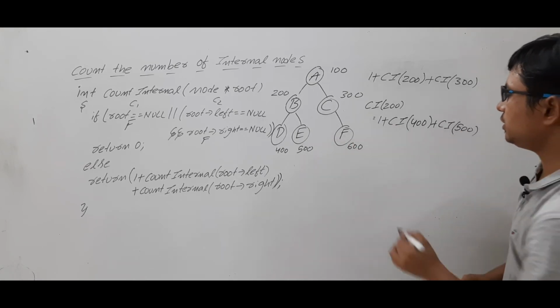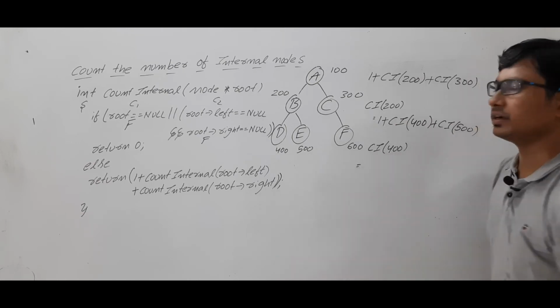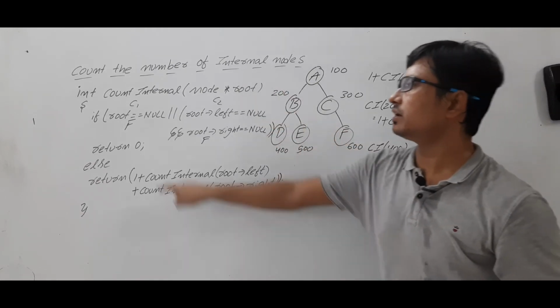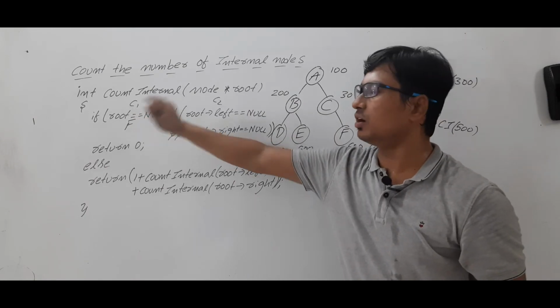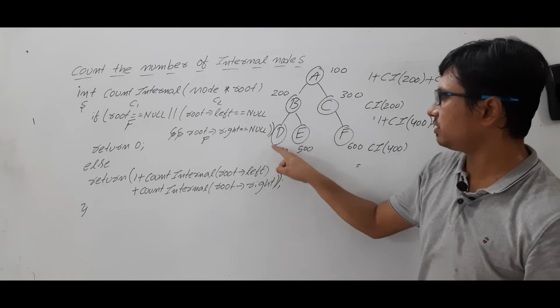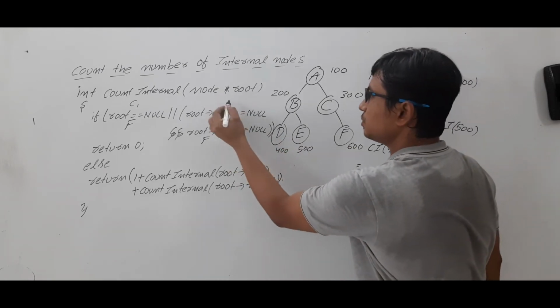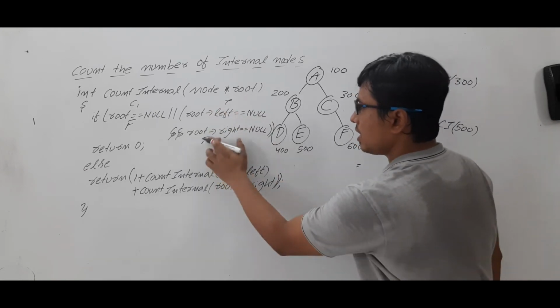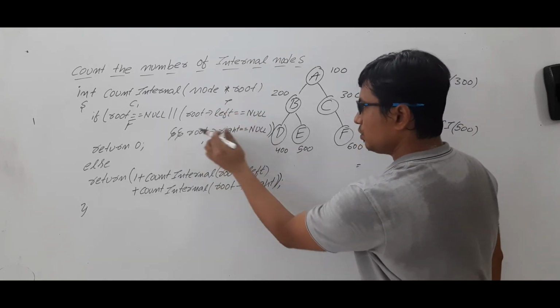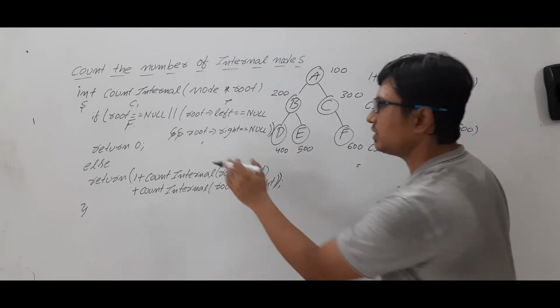Now I need to execute Ci, count internal nodes with value 400. Now here it is 400, so this is false. Now come to this one. 400 left is null because this is a leaf node, so this is true. And root of right, 400 right is also null because it does not have any right child.